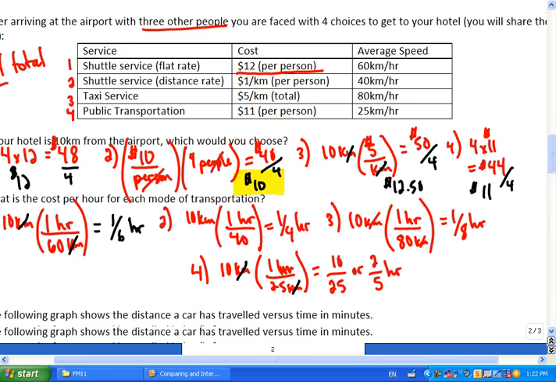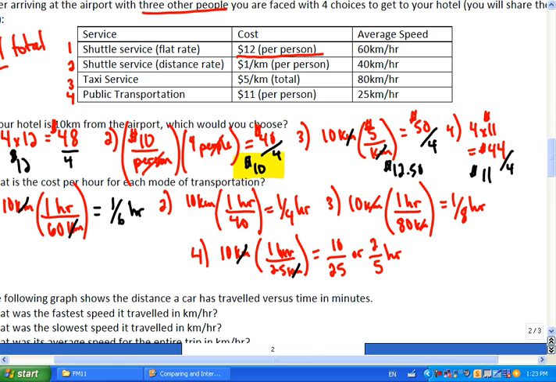So what's going to be important is when we want to figure out how much it costs per hour: here's how many hours, here's the total cost. The first one's going to look like this. It's $48 to take the shuttle service, and it's 1/6 of an hour.